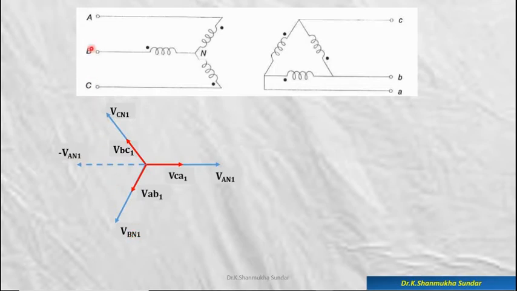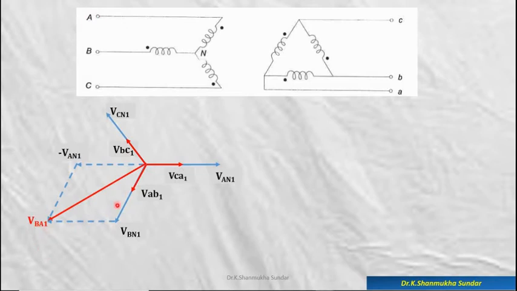The resultant of VBN1 plus minus VAN1, that is the vectorial addition, is your resultant line voltage. As usual, construct a parallel line, then this will be your resultant VBA1. So VBA1, so therefore VBA.